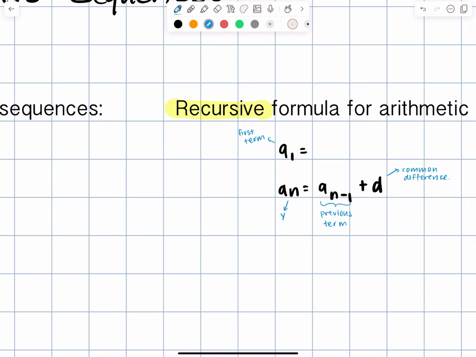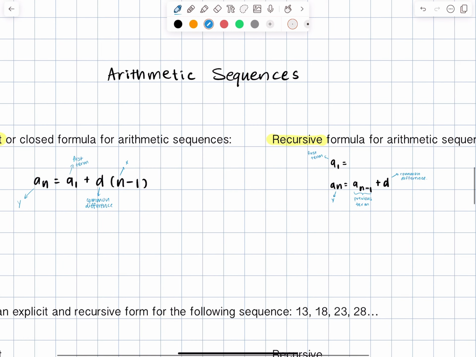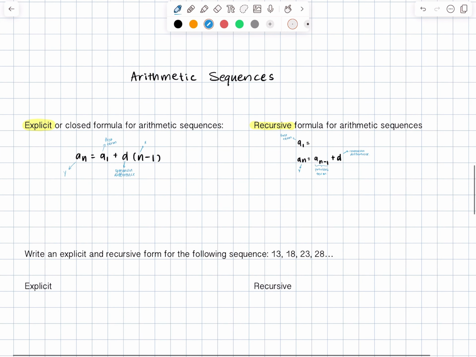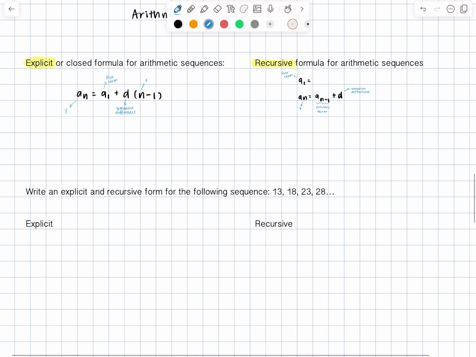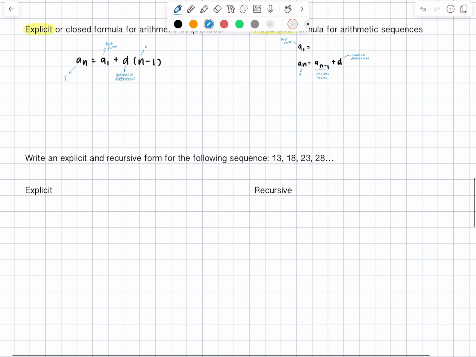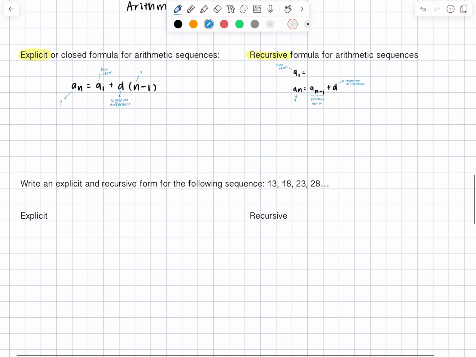Perfect. Now that we have both the recursive and explicit formulas written out, let's see how we'd put a sequence into these formulas. We have a problem that says write an explicit and recursive form for the following sequence: 13, 18, 23, 28.